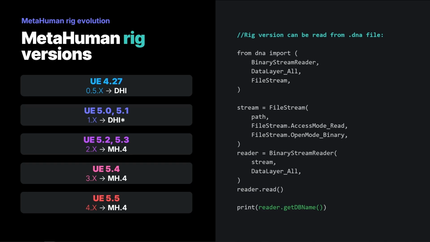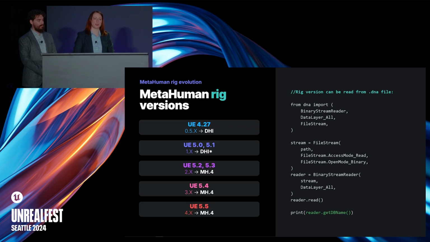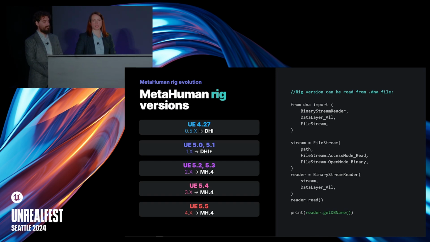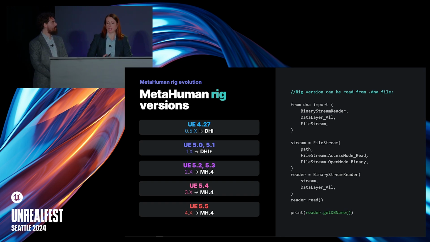Not long after we launched MetaHuman Creator, we got feedback regarding neck fidelity and how neck expressions do not always look great. The first update of the rig itself came in UE 5.0. We removed some joints from the rig specification. I'll explain what exactly in a minute.